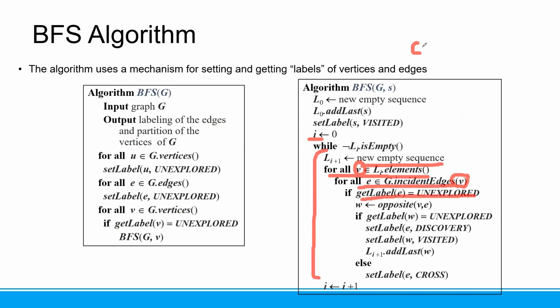So if I have one node like this one, if the label of e is unexplored, then let's check the opposite.